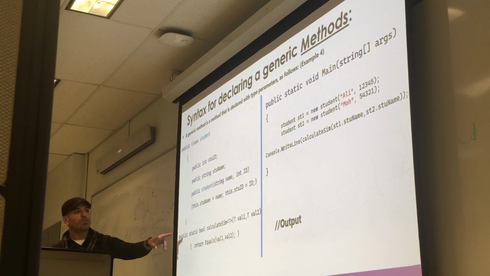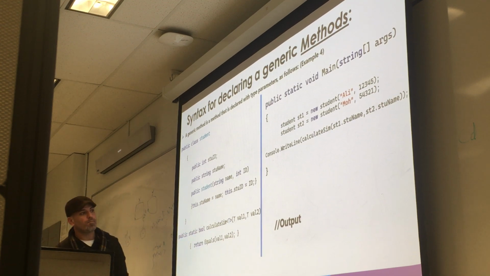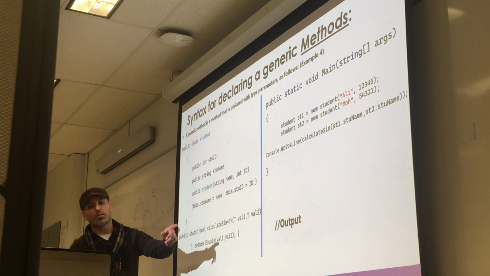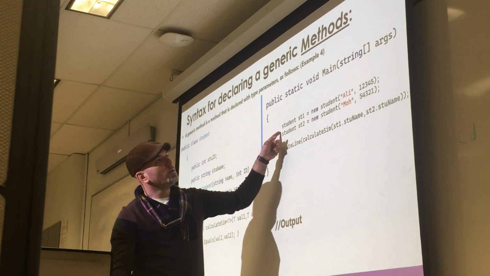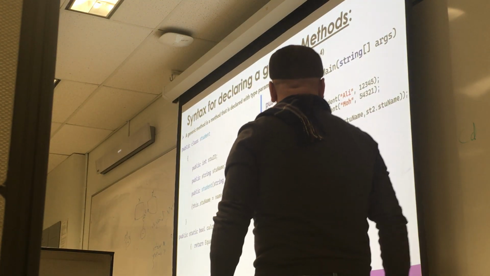Calculate the similarity between two objects. Inside the main method, create two objects and print the calculated similarity. And let me see the result.